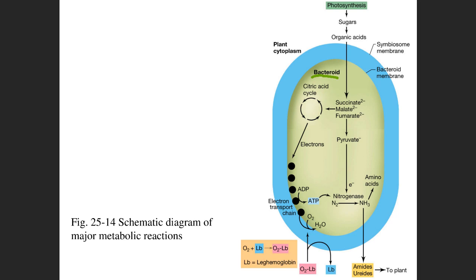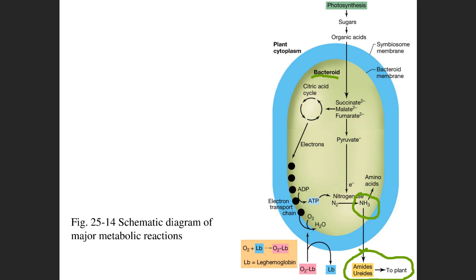If we look only at the inside without going in, the reason they're there is because they are producing this: the ammonia group that comes out to the plants. So the bacteroids give the plant fixed nitrogen.